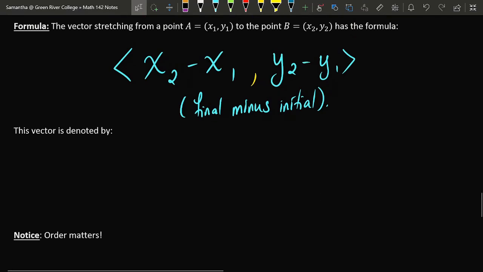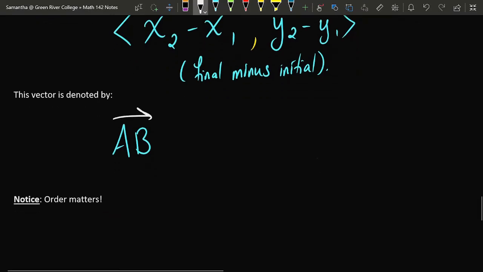Now, the vector stretching from point A to point B has special representation. It's represented as AB with a long vector arrow stretching from A to B. And order really does matter here.